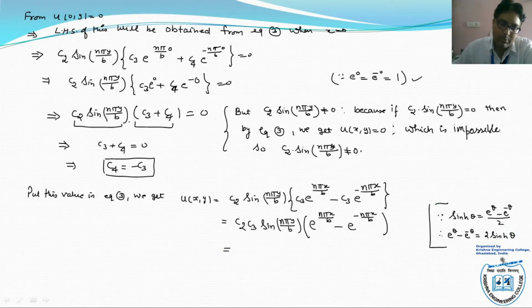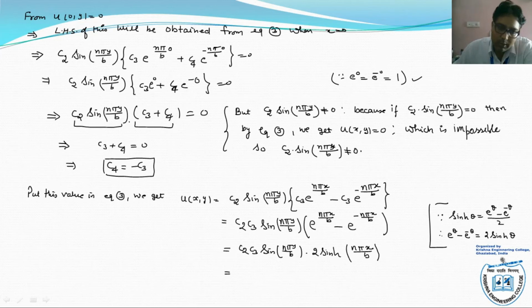So this becomes c2 c3 sine n pi y by b, and the value of this is 2 sine hyperbolic n pi x upon b, take as theta. So this becomes 2 sine hyperbolic n pi x by b. Clear? There are two constants c2, c3 and 2 is also constant.